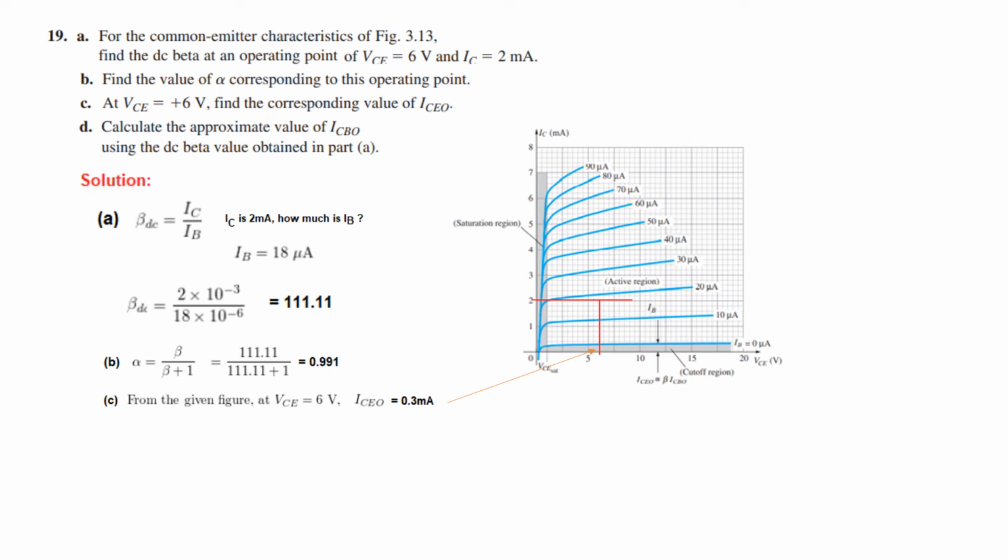Now this is 6 volt. If you look here, this is the gap which is ICEO, and how much is this gap? It's about 1.5 divisions, so we can say it is 0.3 milliampere from here to here.